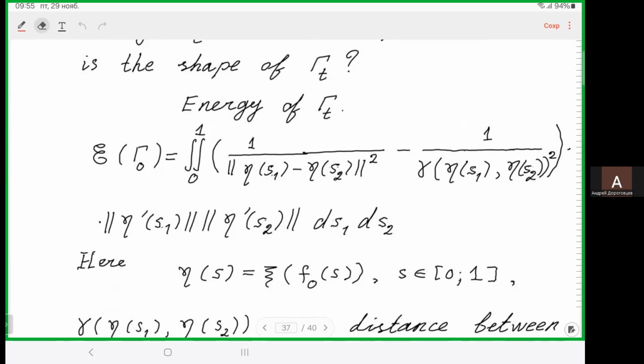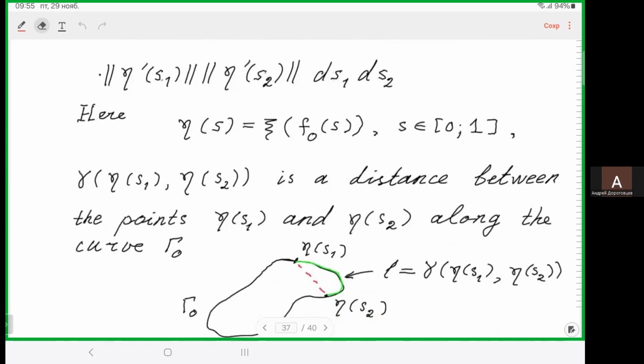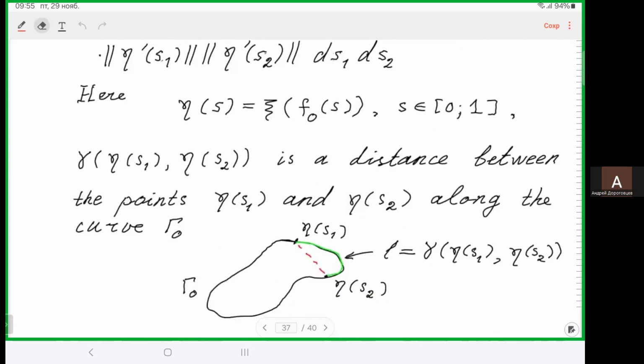The first one contains the usual Euclid distance between the points of the curve. The second one contains the distance along the curve. Here is a picture. The red line is the usual Euclid geodesic, and the green line is a geodesic on the curve. It is trivial that it is bigger, so the difference is positive.